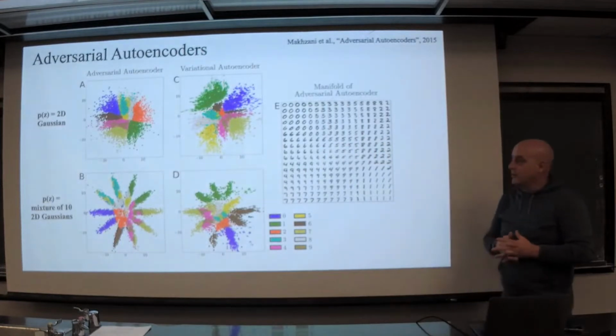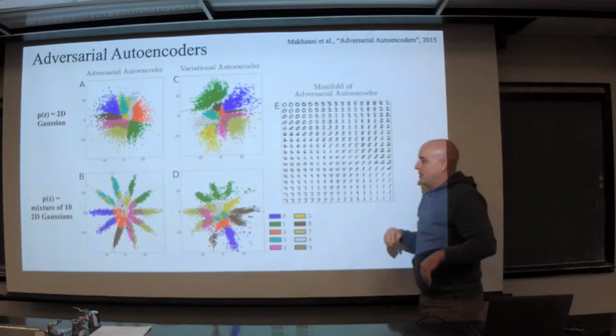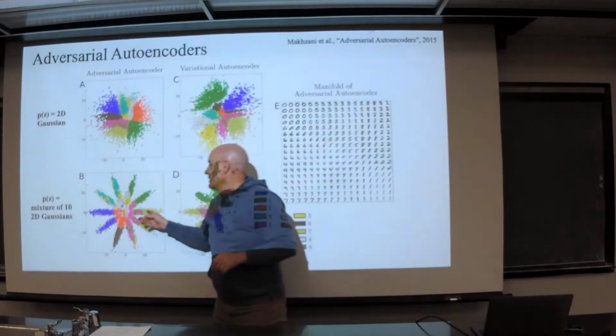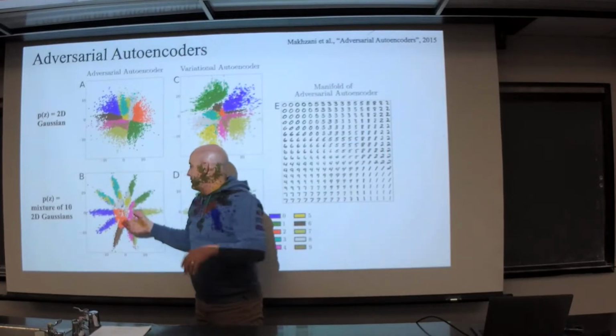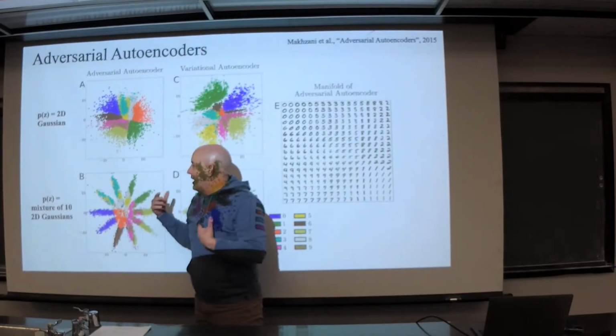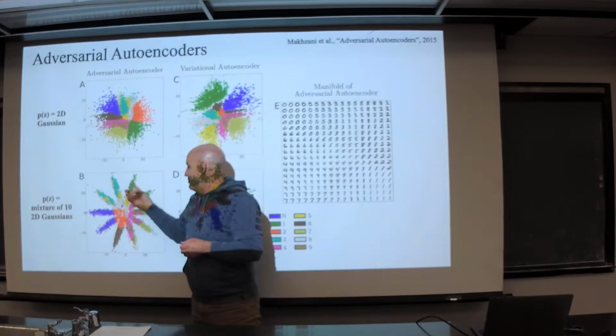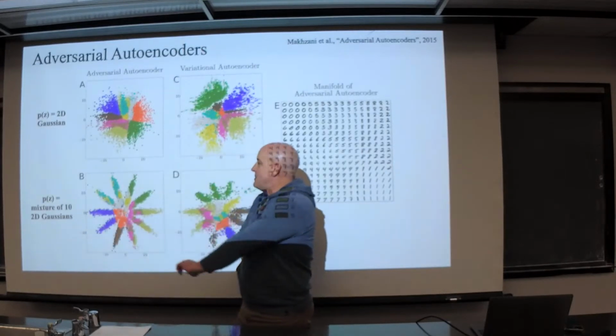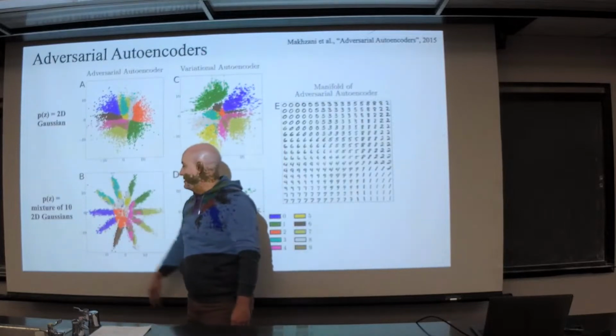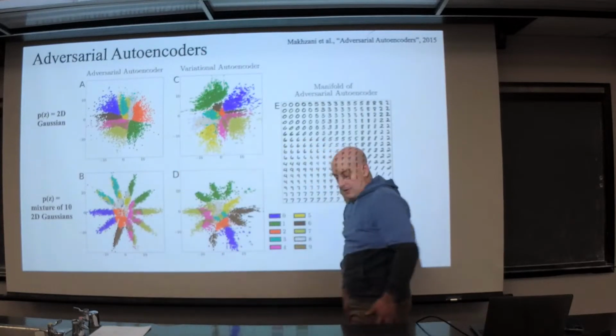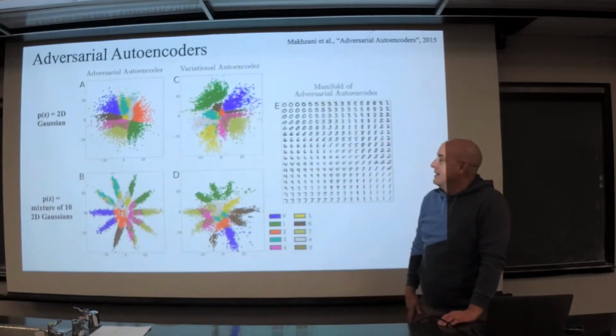a 2D standard normal. And then you can go more wild and say, what about other kinds of priors? What if I know that there's 10 classes here? Maybe my prior ought to be that I actually have 10 Gaussians here, a mixture of them, and I want to match those.